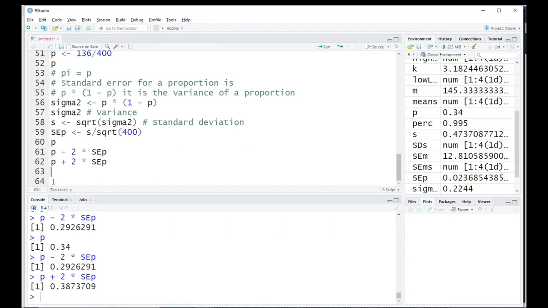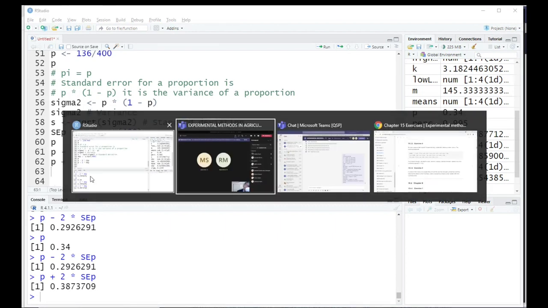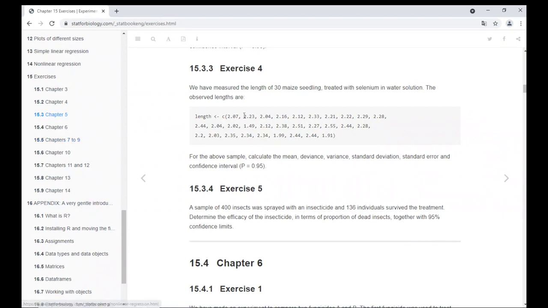Last exercise. And I hope the exercise 4. We are dealing with maize seedlings. You know what a seedling is. It is a seed with a small radical out just after germination.